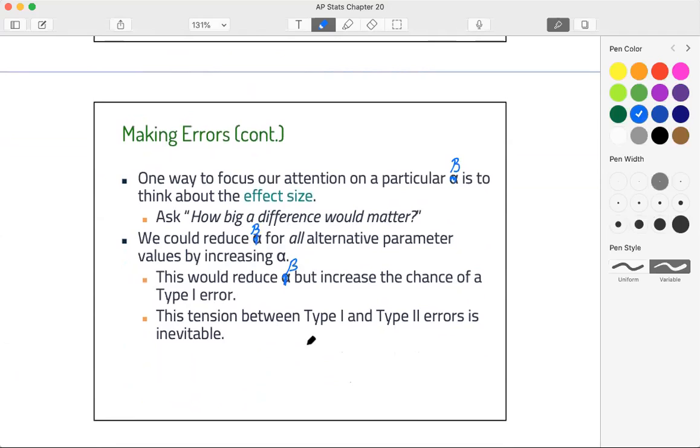The tension between type 1 and type 2 errors is inevitable. The concept here is an inverse relationship. When you decrease one, either alpha or beta, you will increase the other.